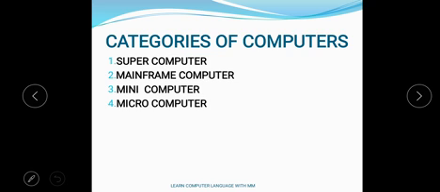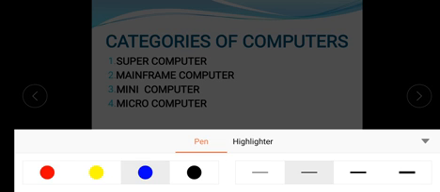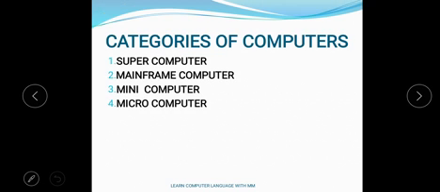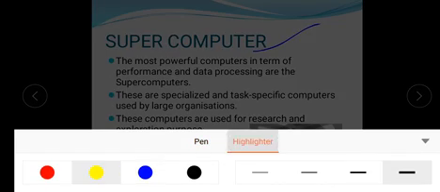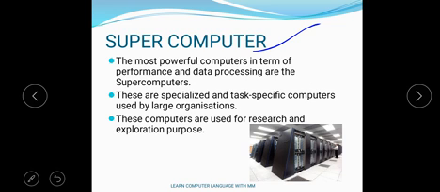Categories of computer. There are four basic categories of computer. First, supercomputer. Second, mainframe computer. Third, mini computer. Fourth, microcomputer. Supercomputer. The most powerful computers in terms of performance and data processing are the supercomputers.